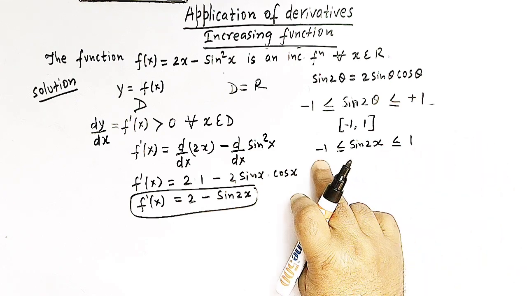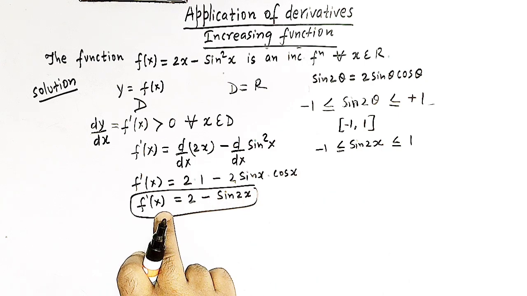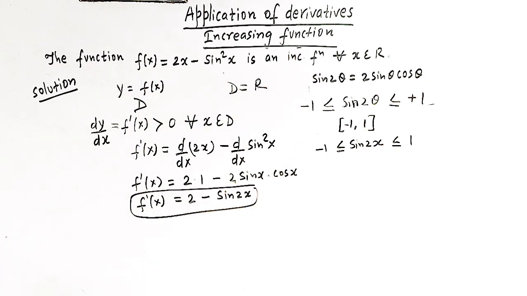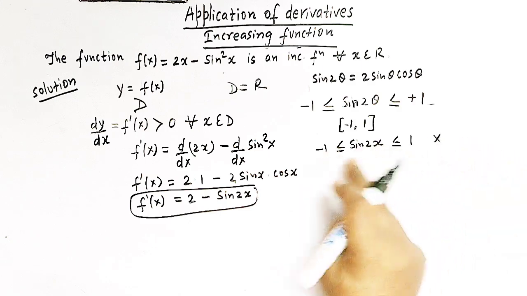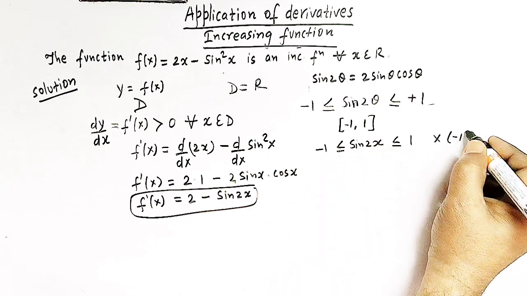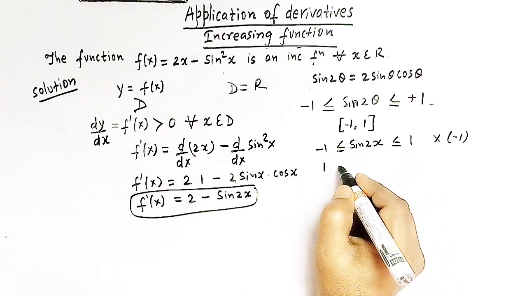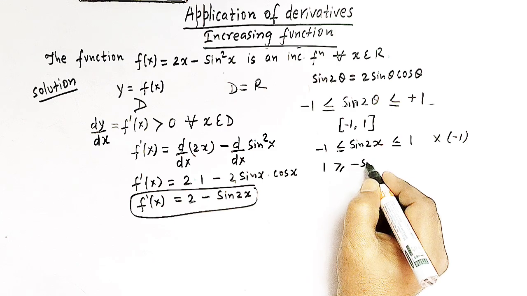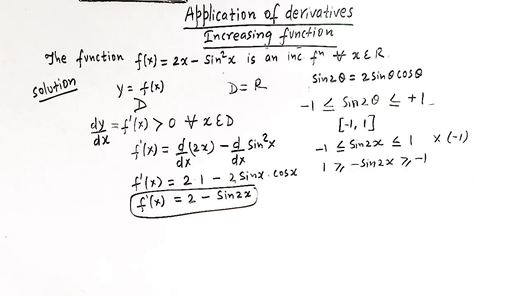Let us use this inequality to prove that this function f of x is an increasing function. Let us multiply this inequality throughout by minus 1. So here we have plus 1, and the direction of the inequality gets reversed. Here we have minus sine 2x, and here we have minus 1.